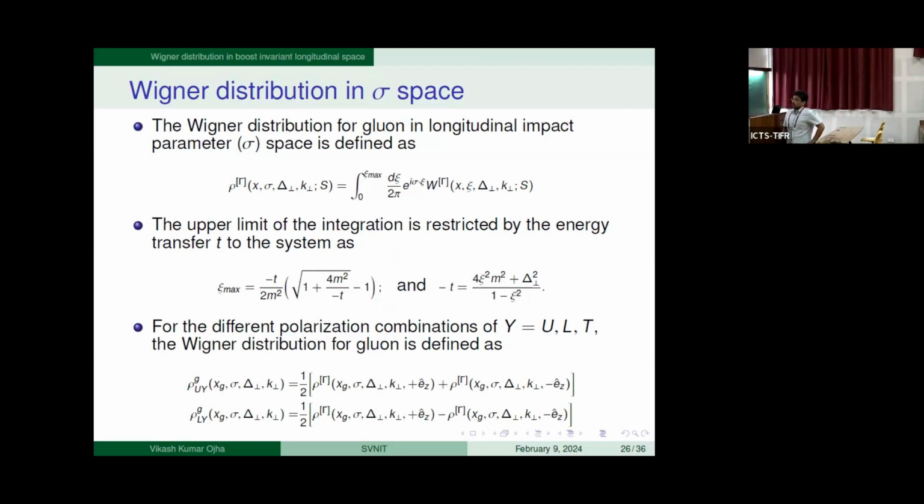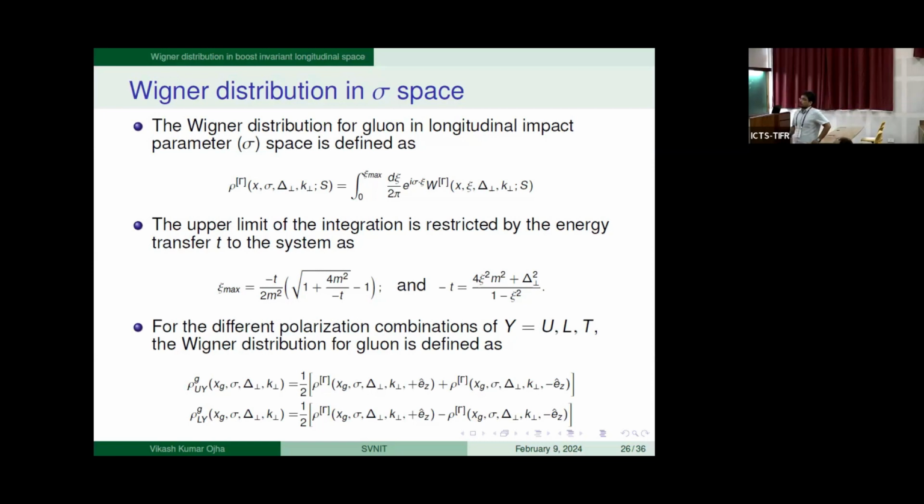Here we take a Fourier transform of the gluon-gluon correlator with respect to the skewness parameter xi. When we take the Fourier transform, we get this particular thing, and the upper limit xi max is restricted by the kinematics of the system.